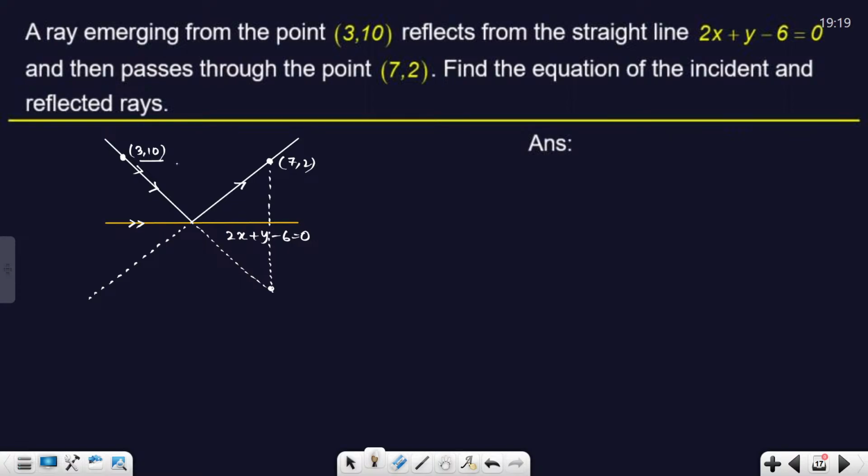So what I will try to do first is find the image of 3, 10 with respect to the line mirror 2x plus y minus 6 equals 0. Let me just use the formula.